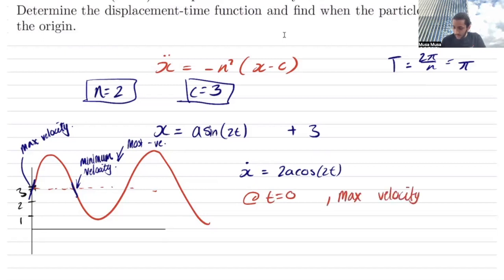Now you might say at t equals 0, you could also have minimum if you had a reflected sine curve. Sure, you can say that too, but it doesn't actually matter. You just get a different A and the answers will still work the same, because they haven't given us any extra information to differentiate between maximum velocity and minimum velocity. But we know we have maximum velocity.